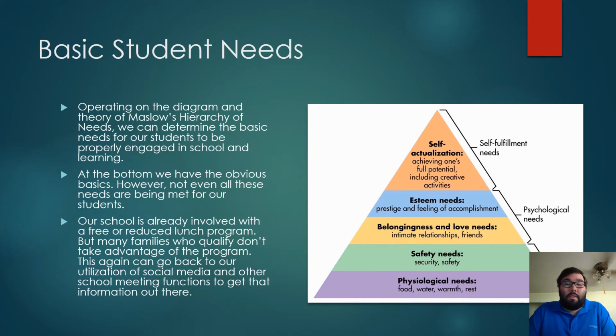The school being safe, we have a resource officer, we've got teachers who are there and looking out for the students, we've got tornado and security drills in place. Those are the basic needs that students need to be engaged in school and learning properly.